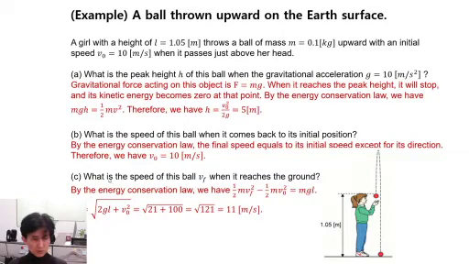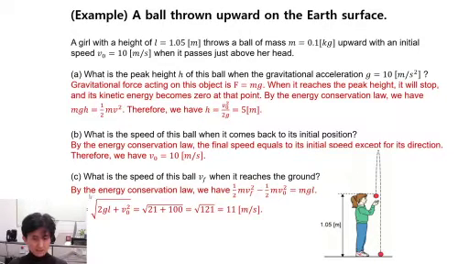And the third question is, what is the speed of the ball, Vf final speed, when it reaches the ground? When it reaches the ground, it will stop, but just before it hits the ground, what is the speed of this ball?